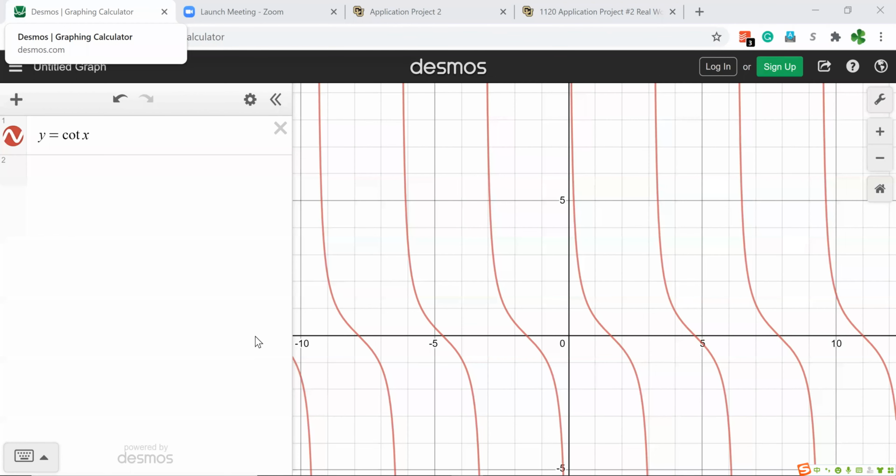Well, thank you, Ernesto, for pointing that out. So this is a cotangent function. It's different from the 1 over tangent x. So they become different.